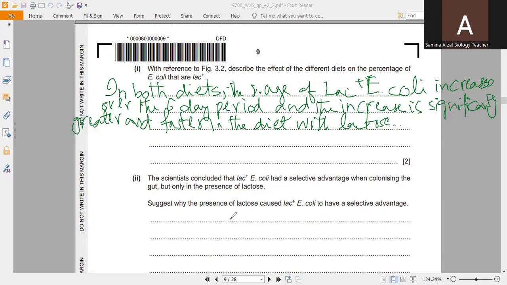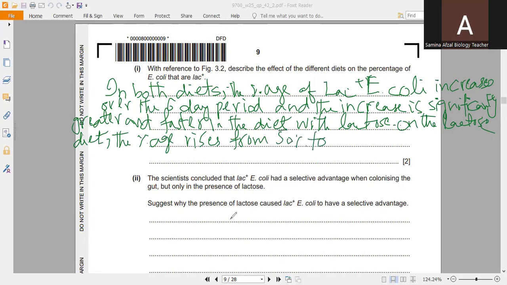On the lactose diet, the percentage rises from 50% to 86% by day 6.